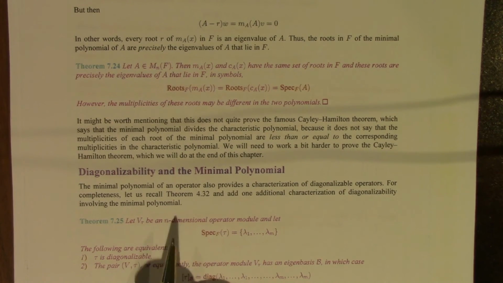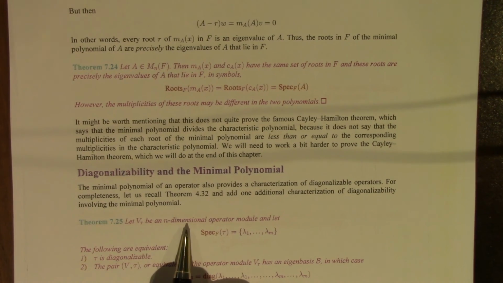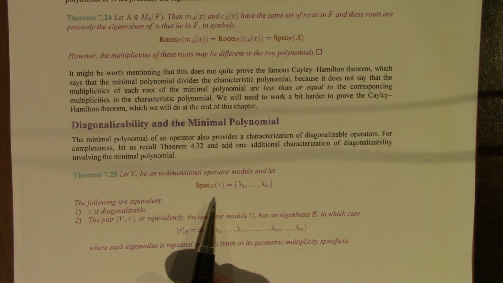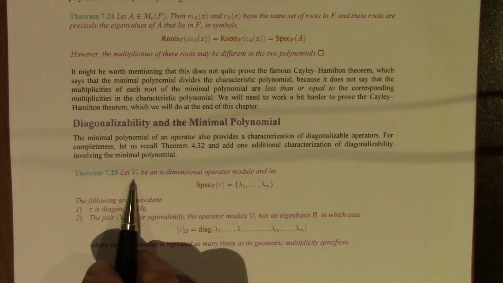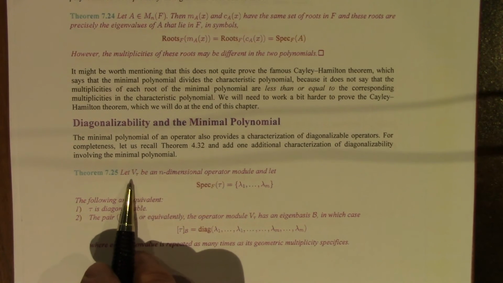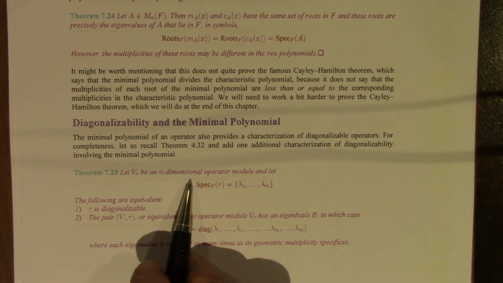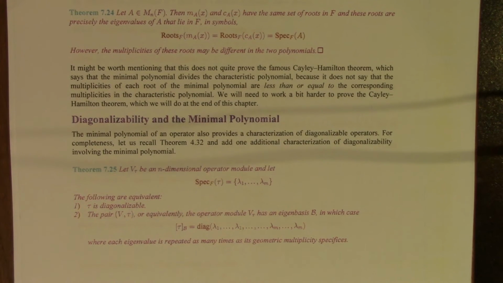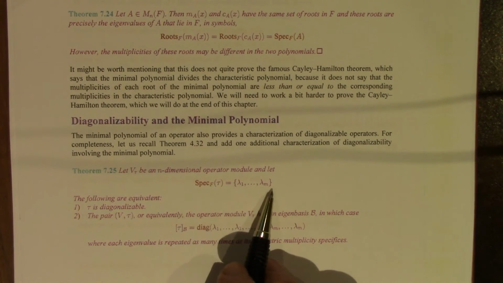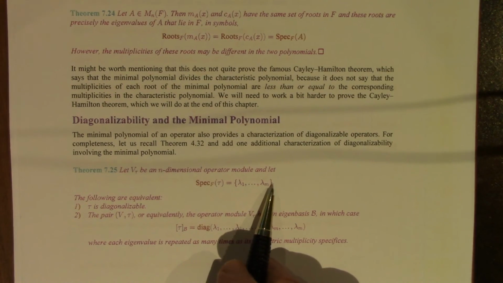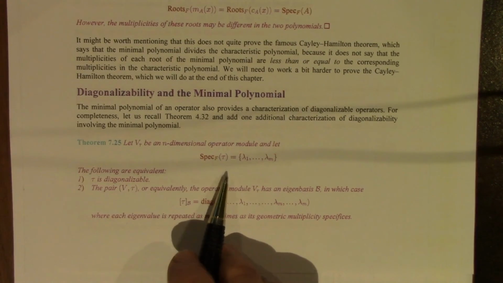So just to review, this is the theorem from chapter 4, phrased in terms of operator modules. Let V_tau be an n-dimensional operator module, and let the spectrum of tau be lambda 1 through lambda m. Then the following are equivalent.